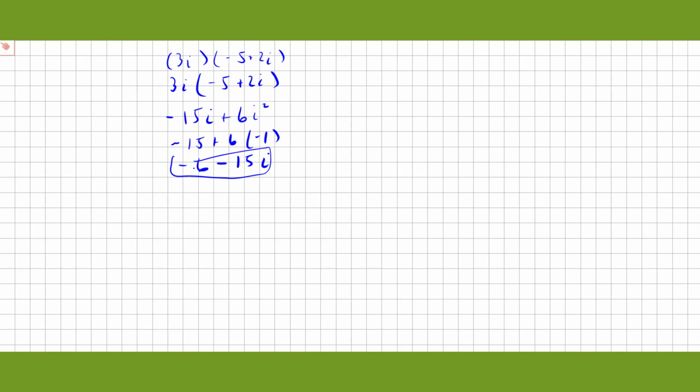Very similar manner, if we have something that also looks familiar, we have 4 plus 3i times negative 1 minus 2i. I can use the distributive property, or I can use FOIL, right? So first is 4 times negative 1, that's negative 4. And then I've got 4 times negative 2i, that's negative 8i, that's my outside. Inside is 3i times negative 1, so that's minus 3i.